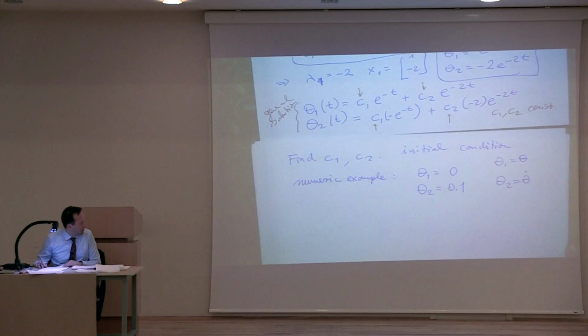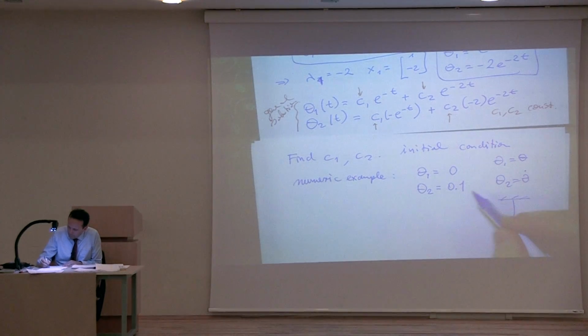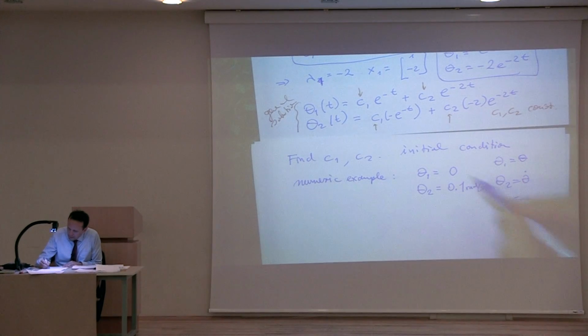So I'm starting a problem where the pendulum is here, but it has some angular velocity. Theta dot is equal to 0.1 radians per second, and this is in radians. Okay? So you are at this point.